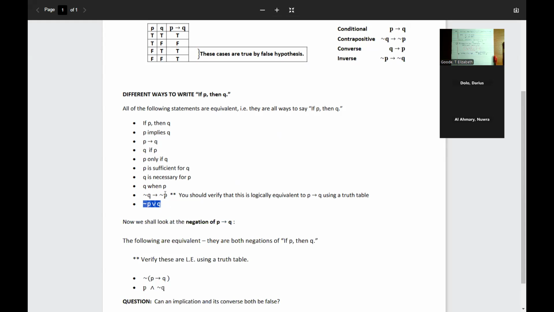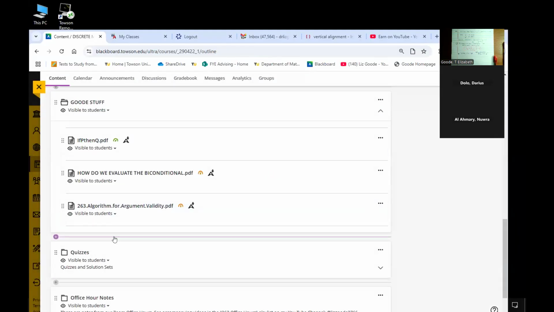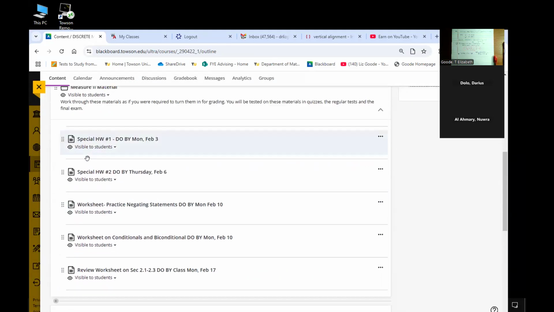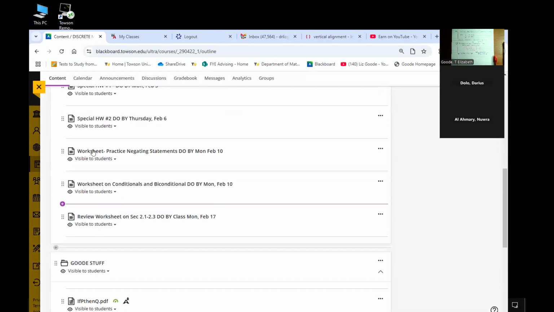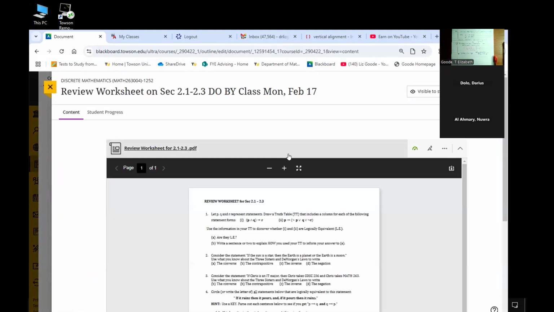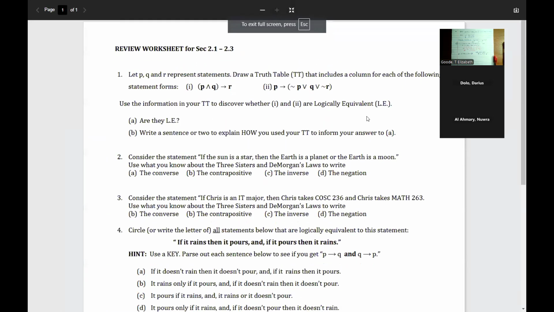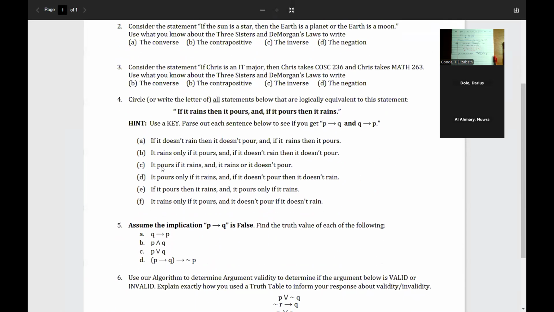So you can use this as a reference to help you as you go through the problems in the review worksheet, because there's a whole bunch of these statement forms for number 4.